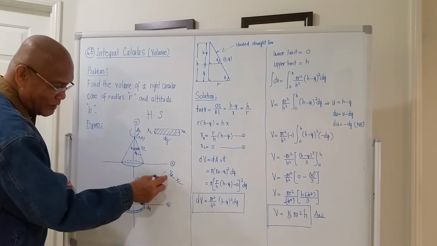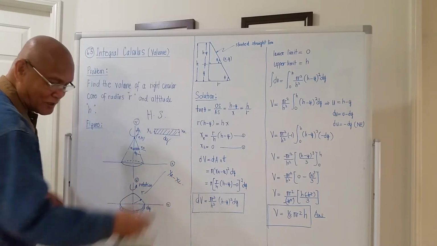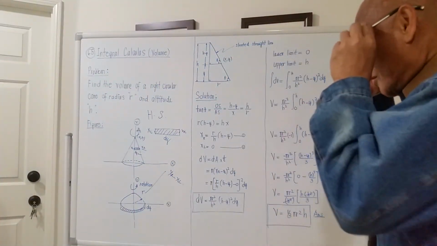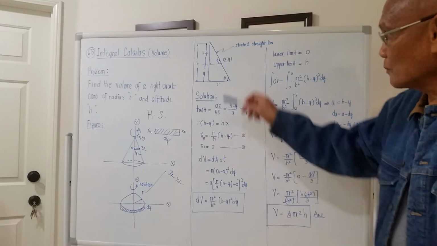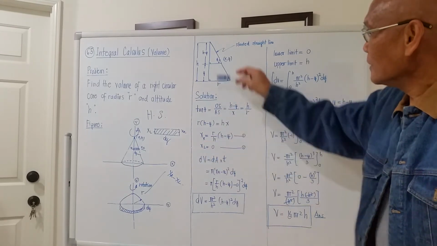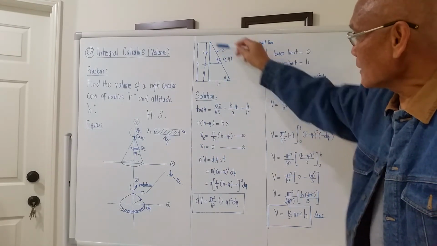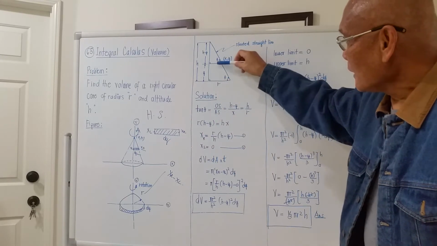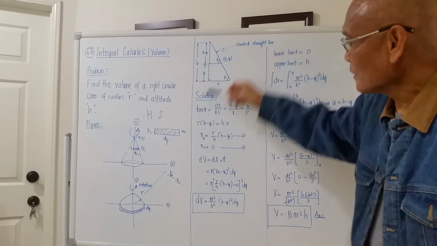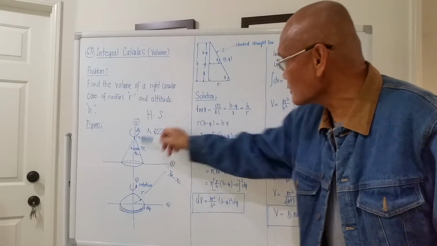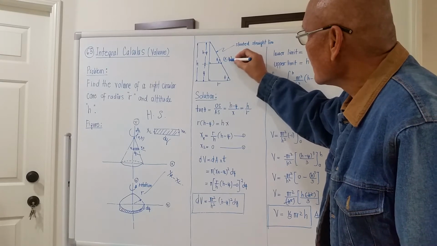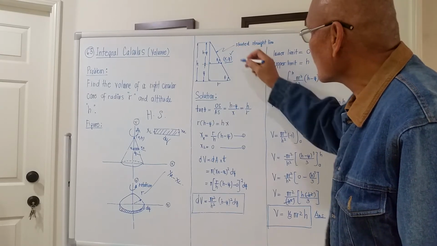So I place it here, xr minus xl. Let's bring out the corresponding right triangle. This should be the bigger right triangle. It is 1/2 of the right circular cone. And at this point here, it refers to xr and xl. This point here, I place it with the coordinates x, y.